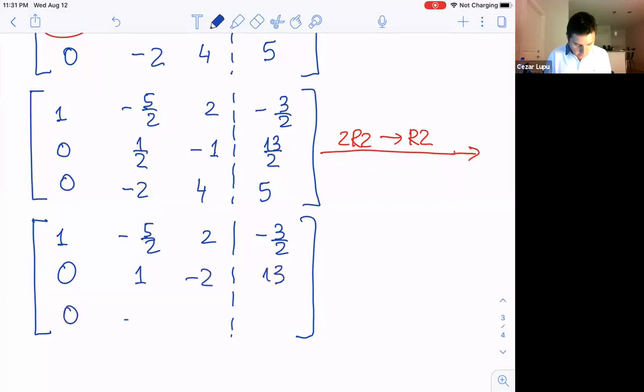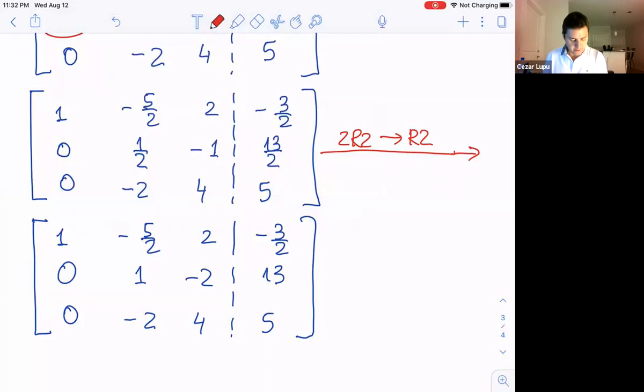And the last one is 0, -4, 4, and 5. Okay. Now it started to look more like a matrix in row echelon form.